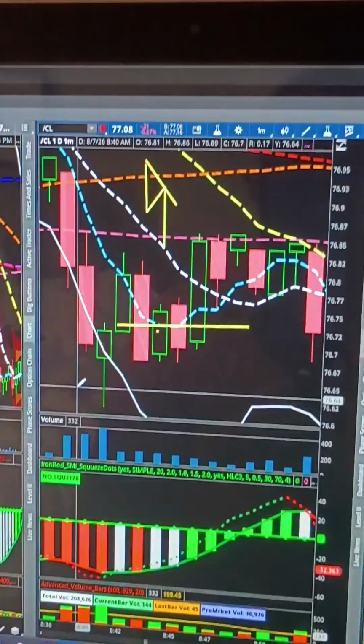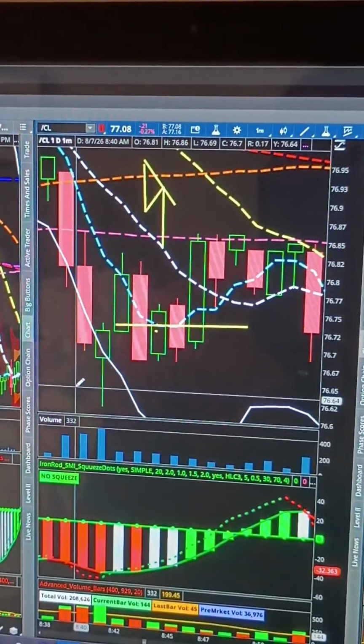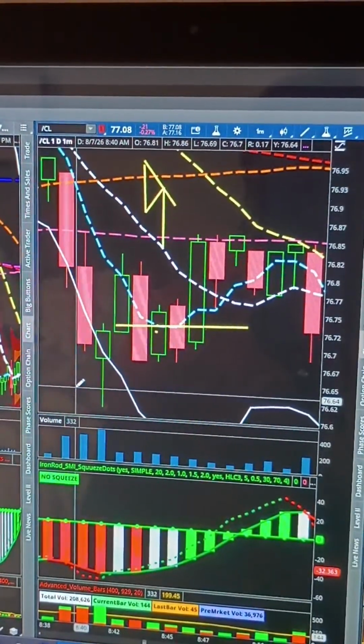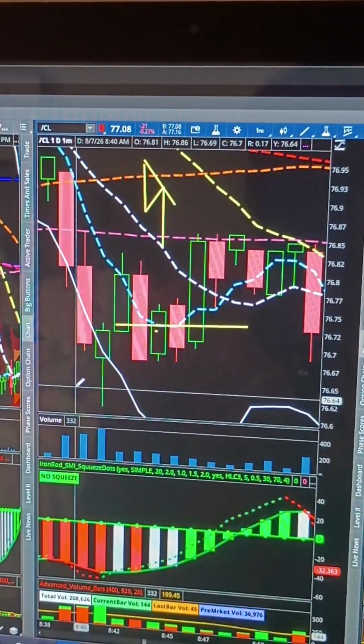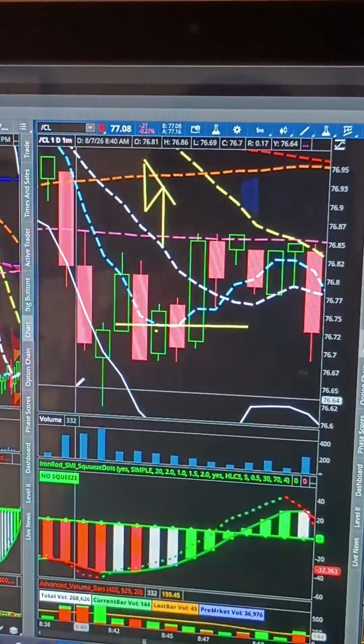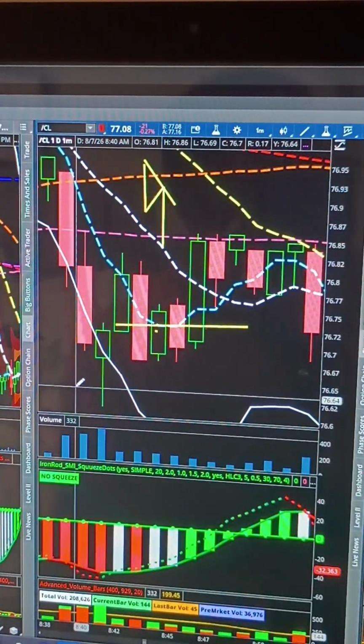You need to write down these time frames: 1 minute, 5 minute, 15, 30, 1 hour, 4 hour, daily, weekly, monthly, quarterly, yearly.